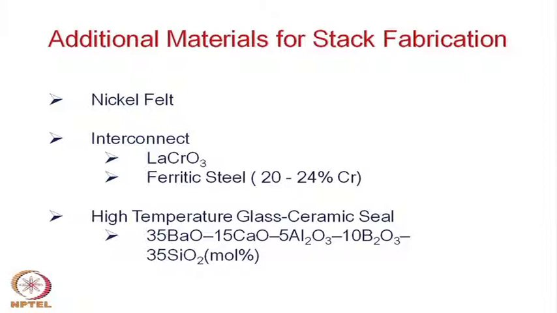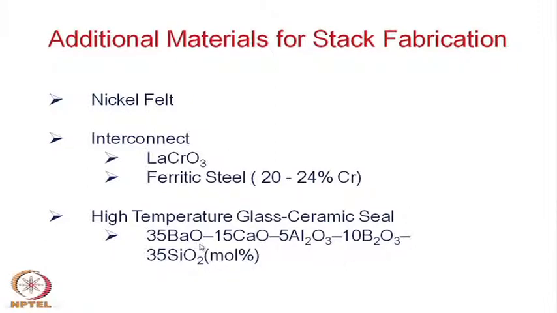Composition also has an importance so far as the softening point or the glass transition temperature is concerned. Since the operating temperature is about 700 to 800 degrees centigrade, the softening point has to be relatively high, otherwise there will be leakages. So, these are the normal oxides used for making these glass compositions.